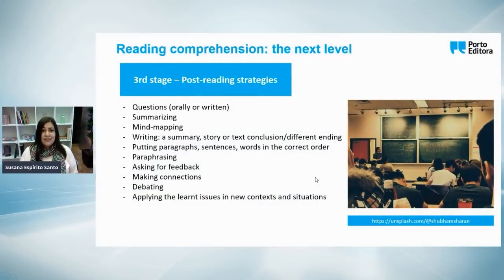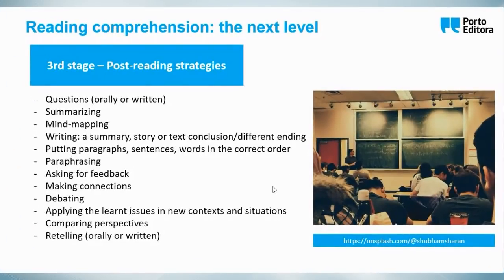Another strategy that you can put in practice is comparing perspectives. You can show the class another author's perspective of the topic and let the students compare the different perspectives. You can also retell or ask them to retell, orally or written, telling the story or the text ideas in the student's own words.